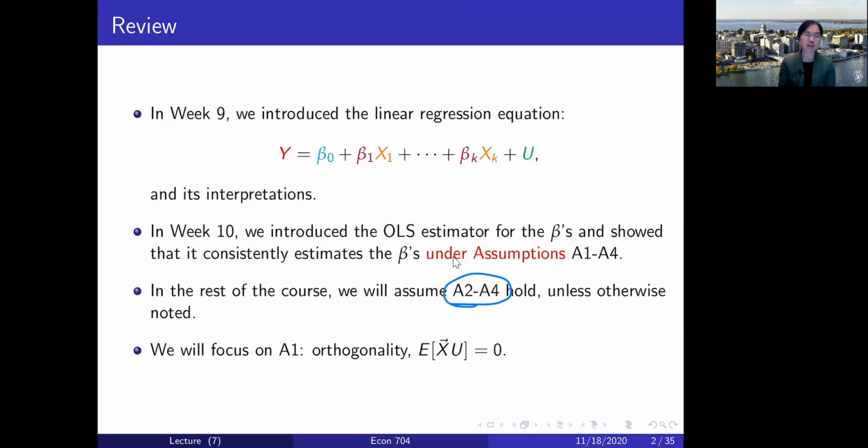That is, we're not going to question the IID assumption or the finite kurtosis assumption or even the no perfect multicollinearity assumption. So unless otherwise noted, those are assumed to hold, and we will focus instead on A1. That's the orthogonality condition.